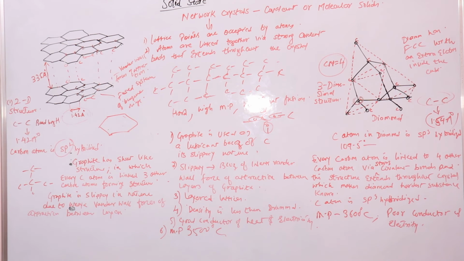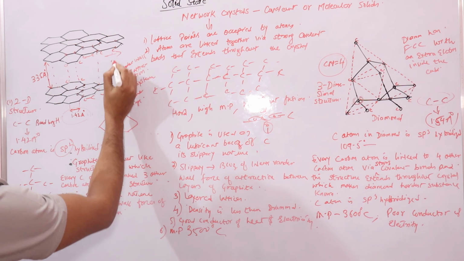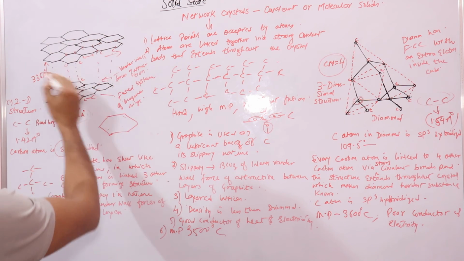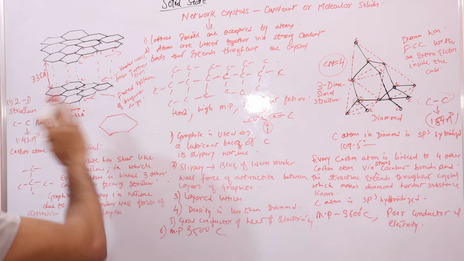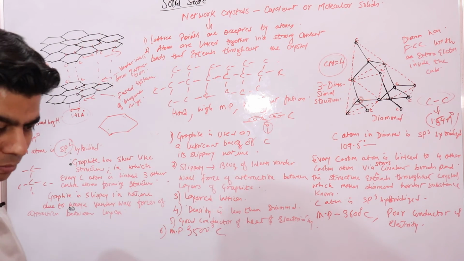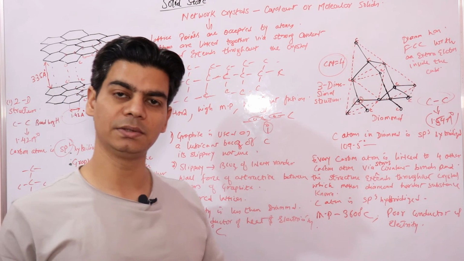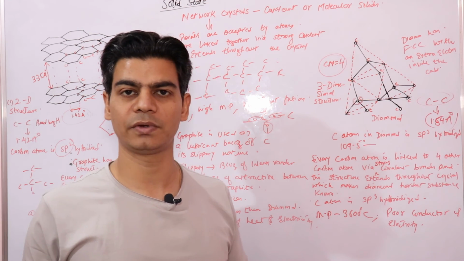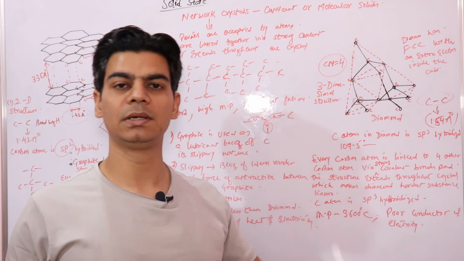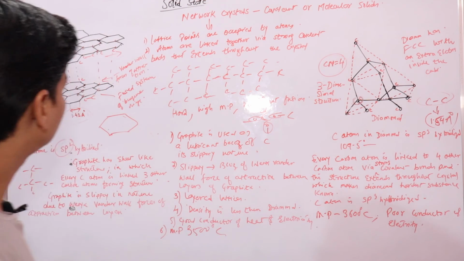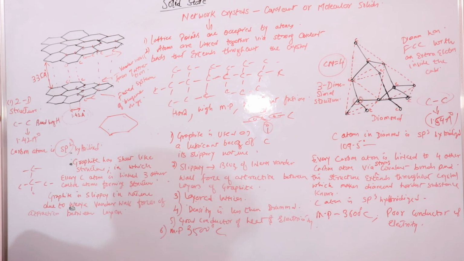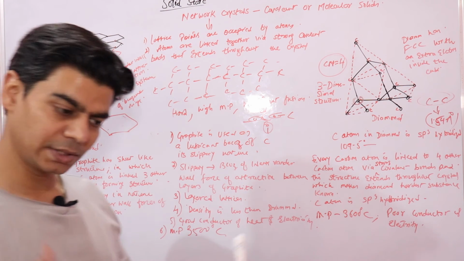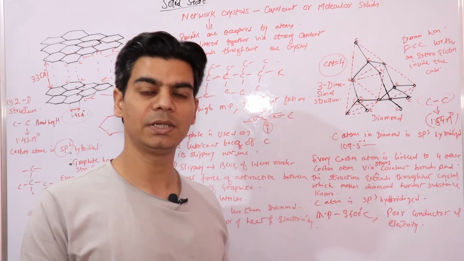And one more thing, since its layers can slip over one another, the system of layers in the structure of graphite can easily be cleaved, or the layers can easily be ruptured.